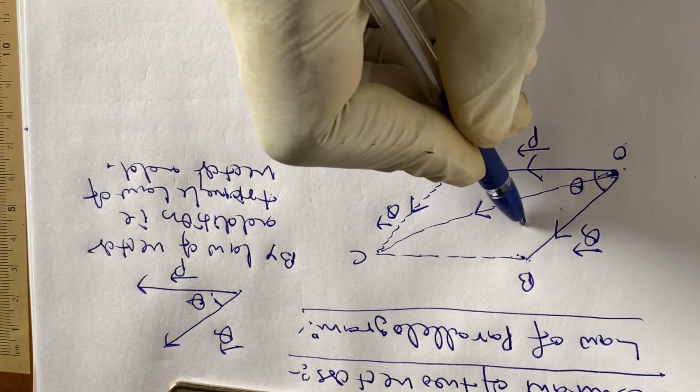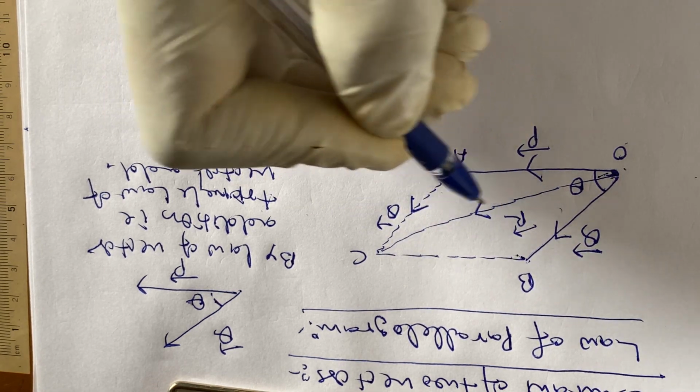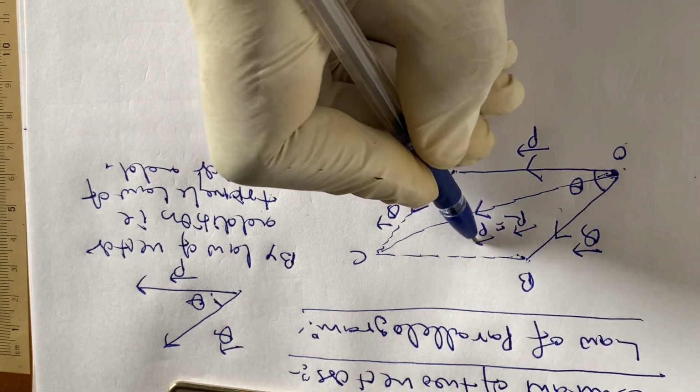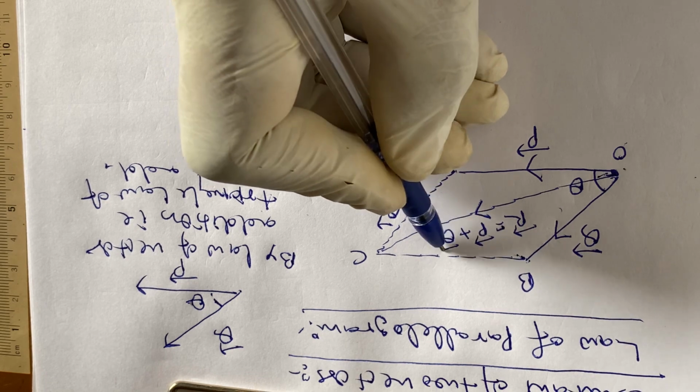So that will be the resultant. Let me represent it with the R vector. So what is this R vector? Obviously this is the sum of vector P and vector Q.